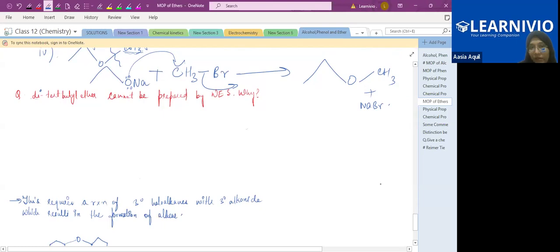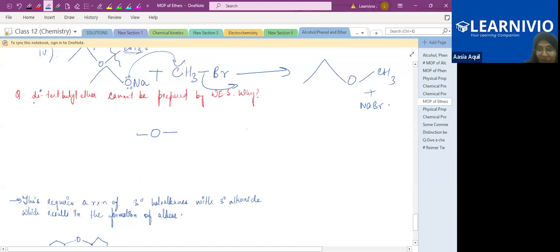Ditert butyl ether cannot be prepared by Williamson ether synthesis. Why? First of all, just draw the structure of ditert butyl ether. It's a di tertiary butyl ether. First, this is your ether linkage, right? And it's di, meaning both sides have the same group.